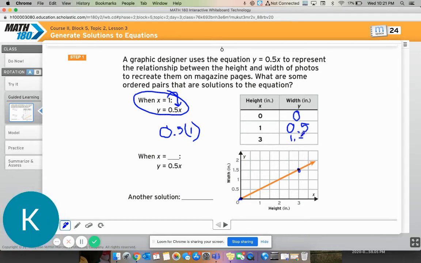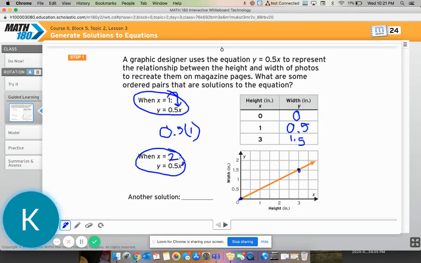Now this last part here is for us to pick our own x value. So the easiest thing that I would suggest is if you look here, we have 1, 2, and 3. We already have 0, 1, and 3, so maybe let's pick 2. That's the number they haven't picked, and it's a nice whole number instead of a decimal.